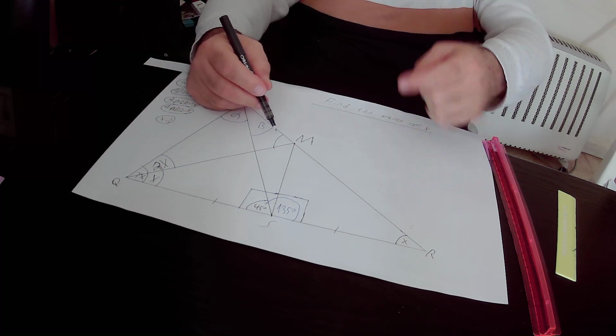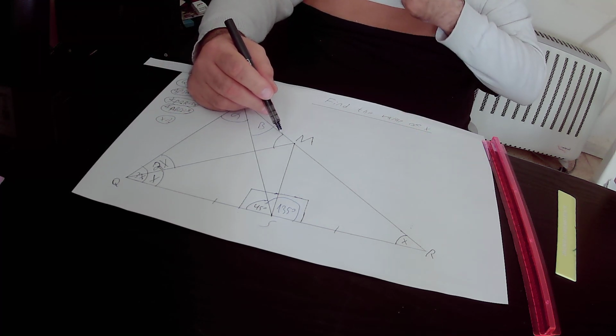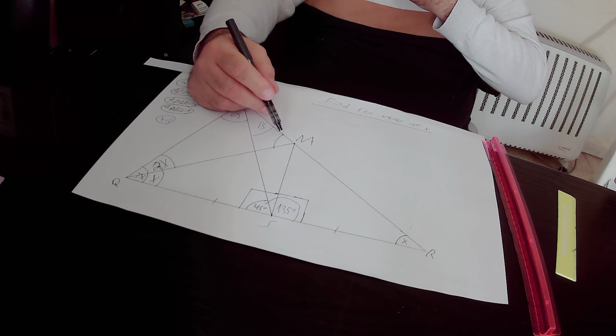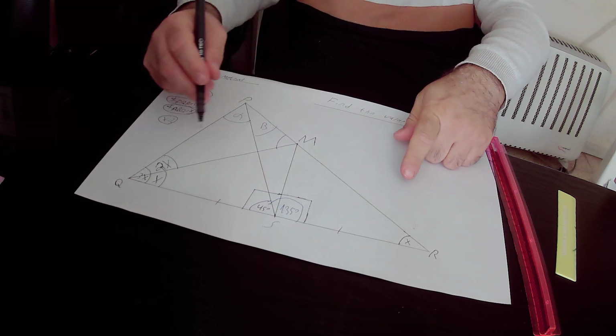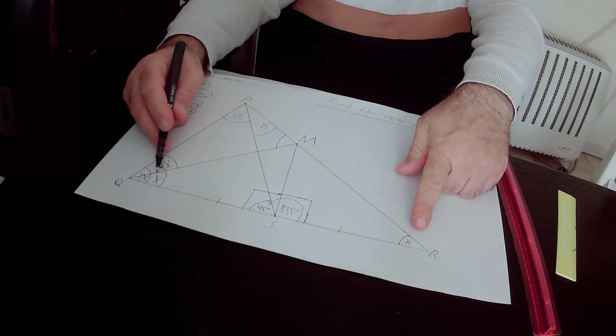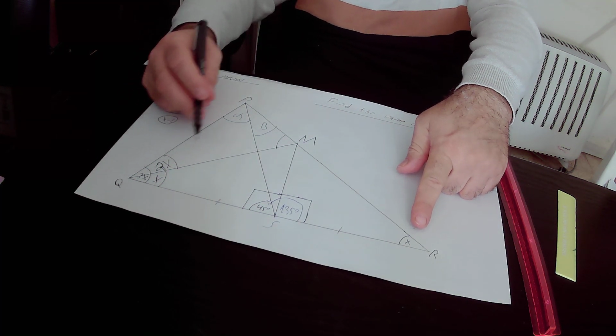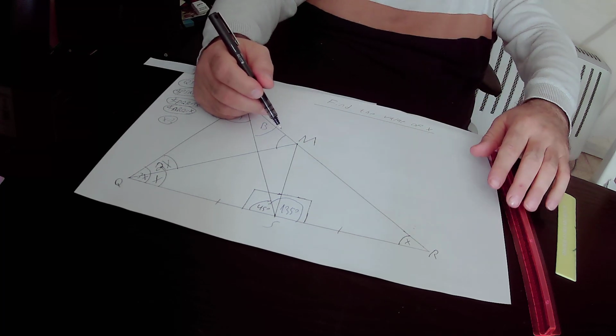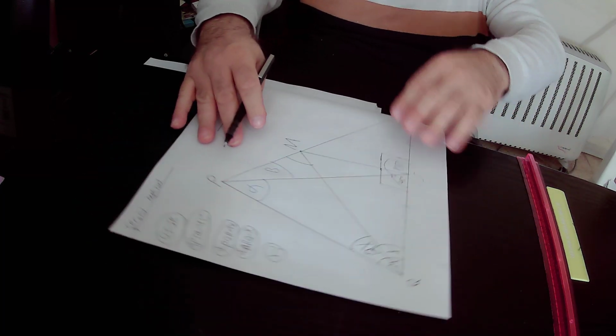And according to rule number 4, the value of the exterior angle is equal to the sum of the angles that are not adjacent to it. And the two angles that are not adjacent to it are x and x. So actually it equals 2x.